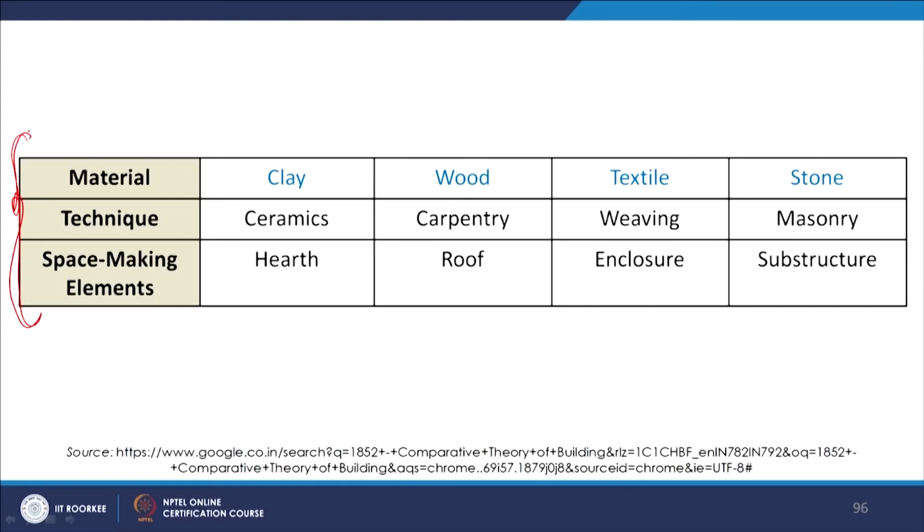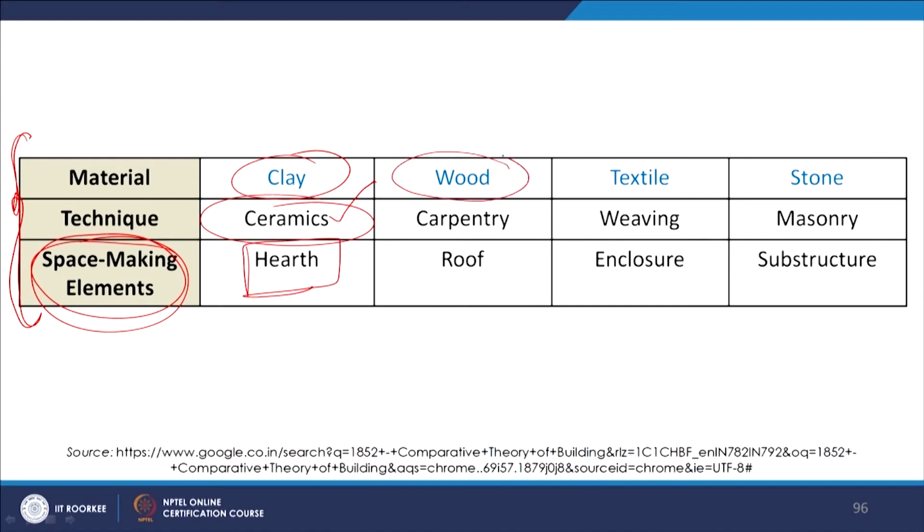like the technique of making, and the space making elements which could be associated to that particular material with the technique of making. So clay, the technique that is associated with clay is ceramics, and the space making element is hearth.